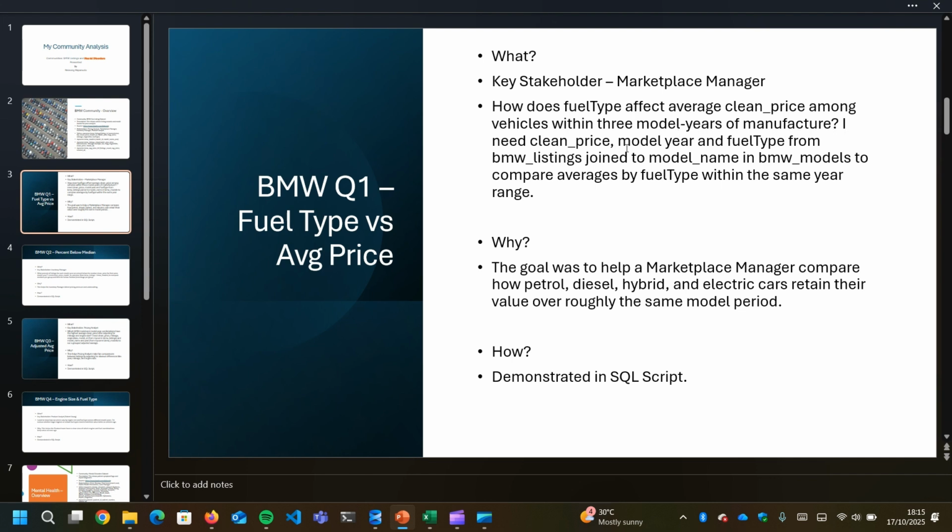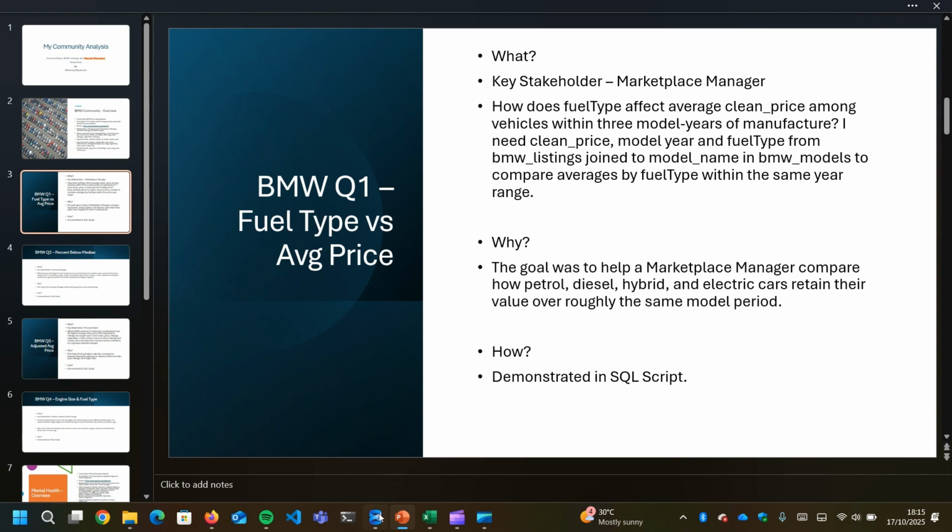I need a clean price, model year, and fuel type from BMW listing joined to model name in BMW models to compare average by fuel type within the same year range. The goal was to help the marketplace manager compare how petrol, diesel, hybrid, and electric cars retain their value over roughly the same model year.